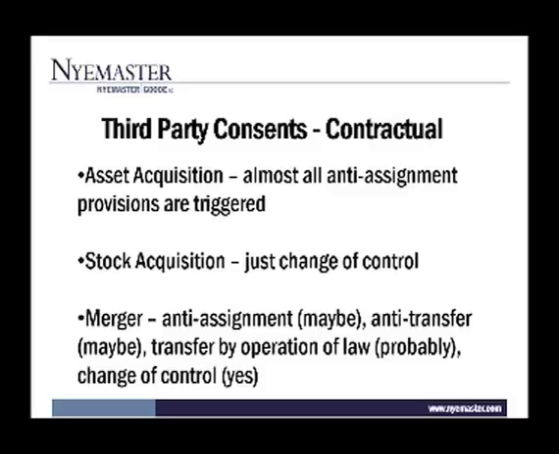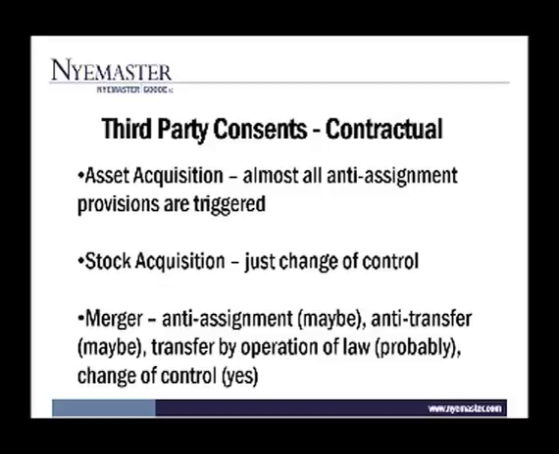Third-party consents can really dictate what type of acquisition structure you want. In an asset acquisition, a contractual consent is going to be required for basically any anti-assignment provision. The only carve-out would be those where it says you can't assign unless the buyer is assuming the liabilities.